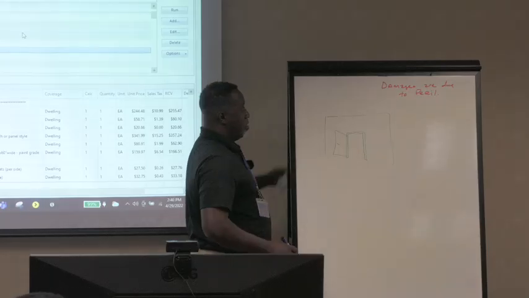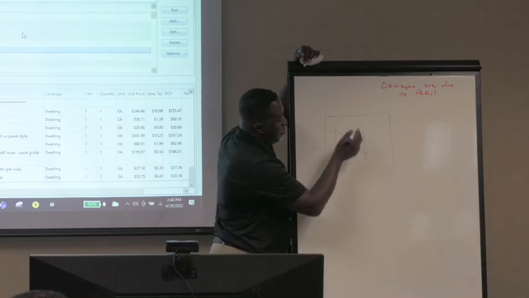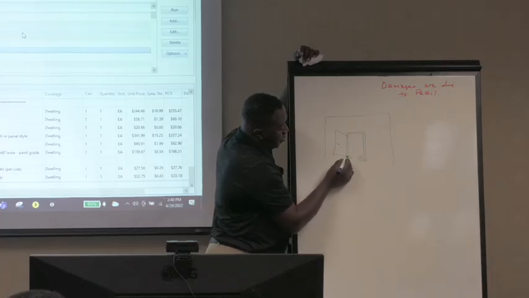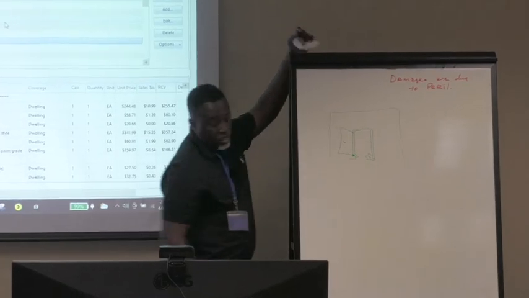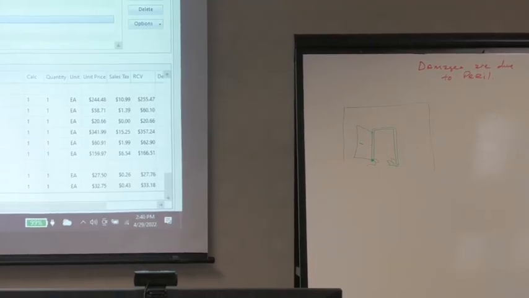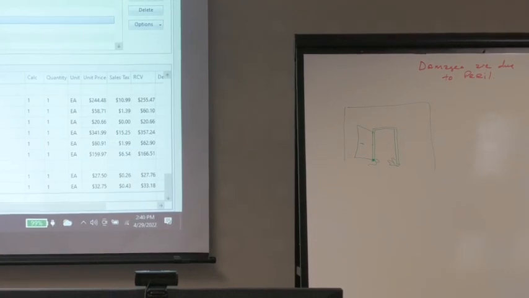So, let's say water came in, puddled here, and it damaged the bottom of this door frame. You see a visible water stain on the leg of the door frame. Not on the door, but you see it on the frame, and it comes up.